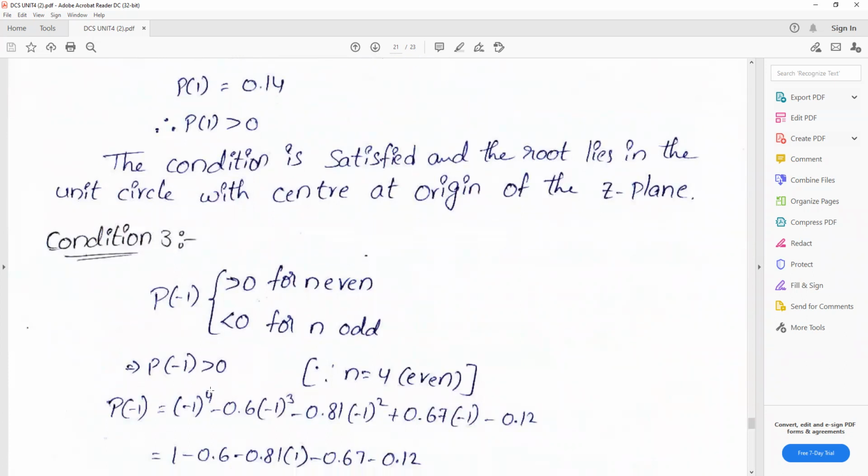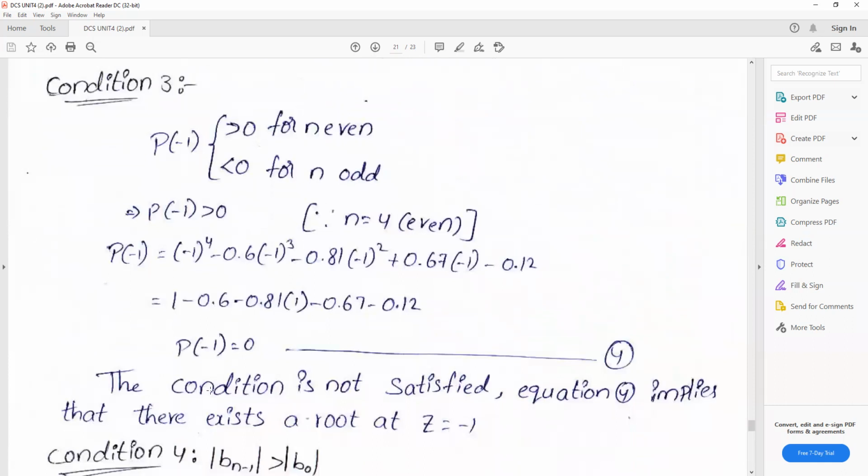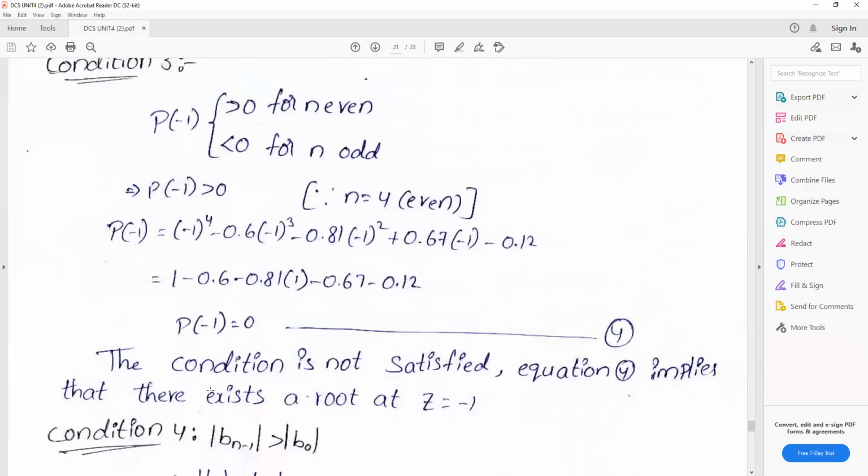And the third condition: P of minus 1 is greater than 0 for n even, and P of minus 1 is less than 0 for n odd. So P of minus 1 should be greater than 0. The condition is not satisfied.